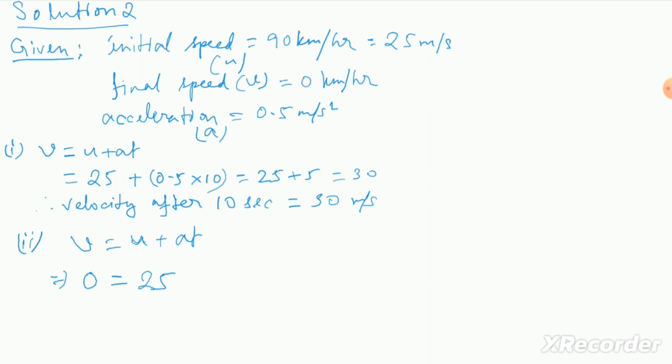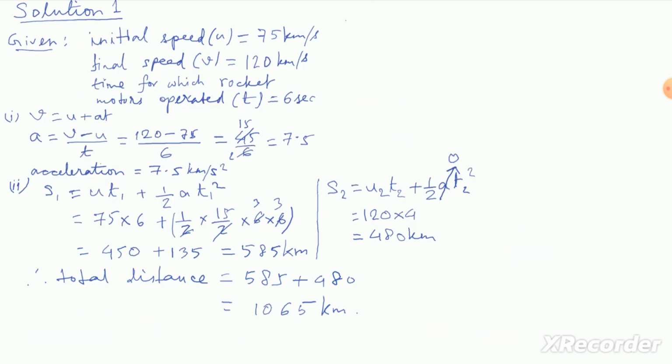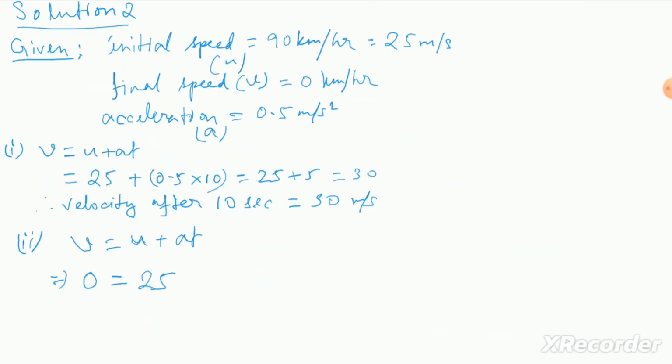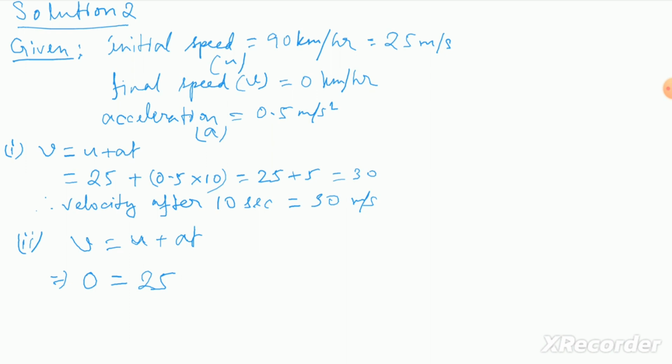Sorry, there is a mistake here. It has been given that the train retards at 0.5 meter per second square, so if we consider acceleration, this will be negative. A negative sign must be written here.